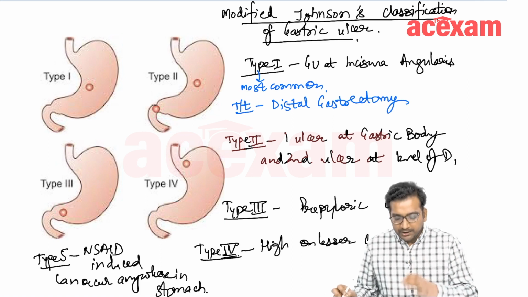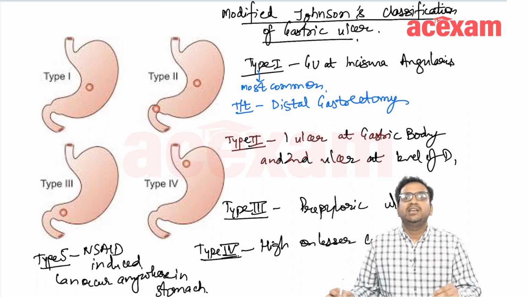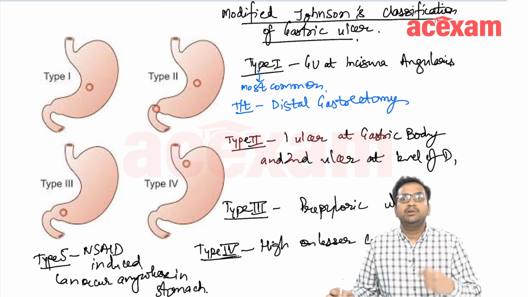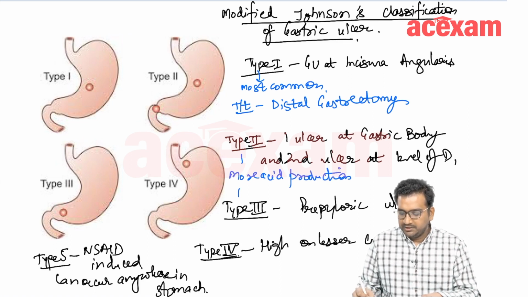Okay. Now, out of these all ulcers, it is the type 2 and type 3 ulcers which are producing more acid. So, there is more acid production in type 2 and type 3. So, what is the treatment for them?